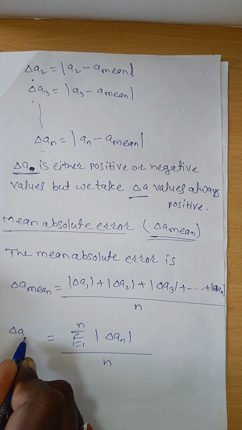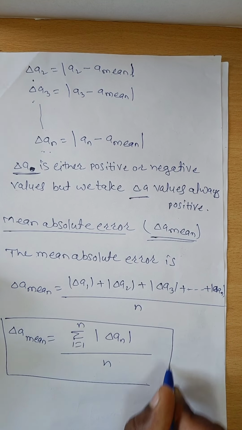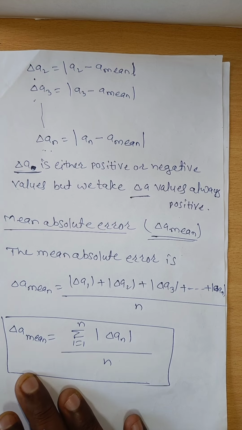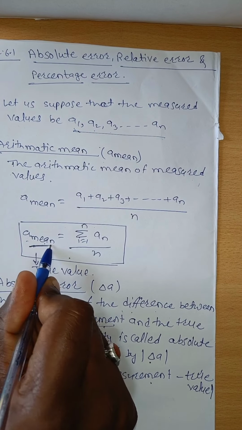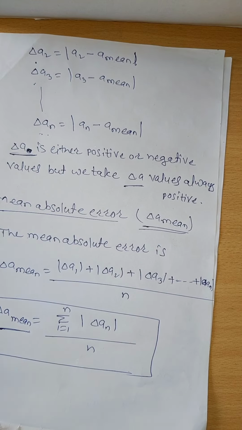This is the mean absolute error, and A mean is the arithmetic mean.